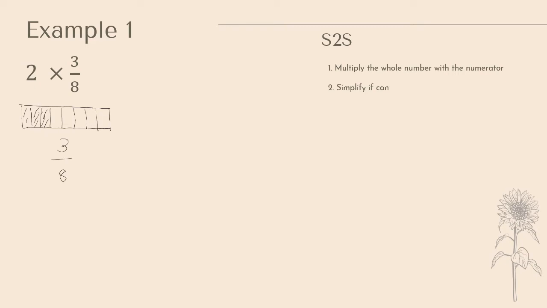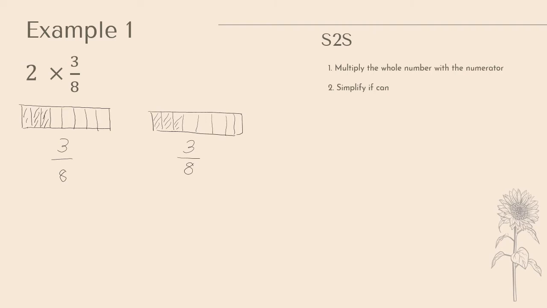So we need 2 of the chocolate bars where the parts are cut into 8 and we are shading 3. 1, 2, 3, 4, 5, 6, 7, 8. Now we are shading it with 3 as we need 2 of the 3 out of 8.